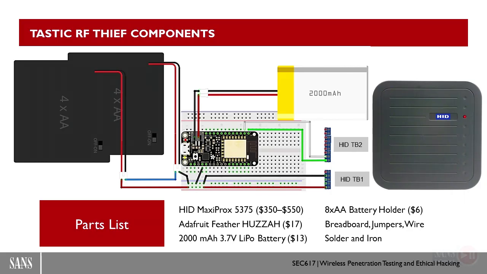So with the changes that I've made, I use lithium-ion rechargeable 18650 batteries. So significantly longer milliamp output, so lasts a heck of a lot longer. They're rechargeable. We have a charger in the bag with the Tastic Thief. They're removable.